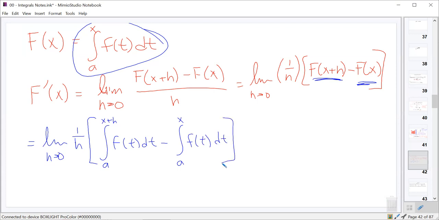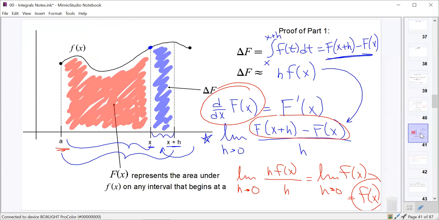So it's kind of a messy looking integral now. But the nice thing is, if we again think back to those integral rules we were just looking at before, if I have an integral from a to x plus h and an integral from a to x, and I'm subtracting the one from a to x from the one from a to x plus h, just like we did before, that is just the integral from x to x plus h of f of t dt.